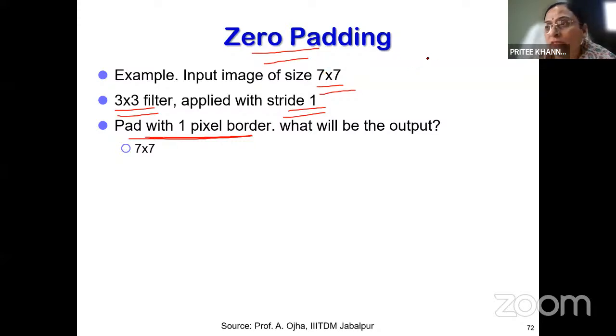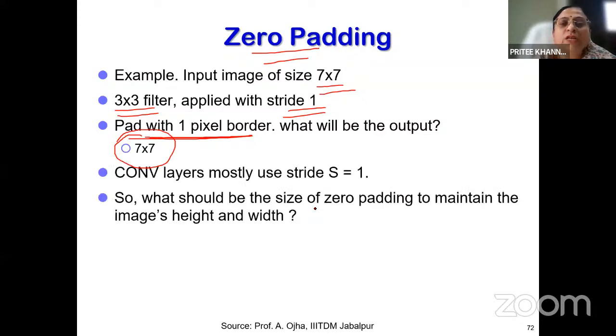So now you have added 1 row at the top, 1 row at the bottom, and similarly 1 left column and 1 right column, so that you are able to maintain the size of the picture. And so convolution layers mostly use a stride of 1.